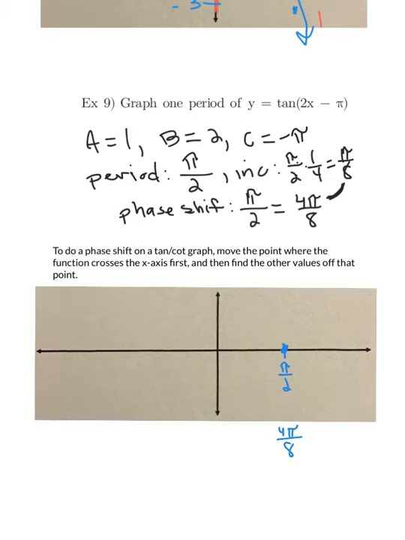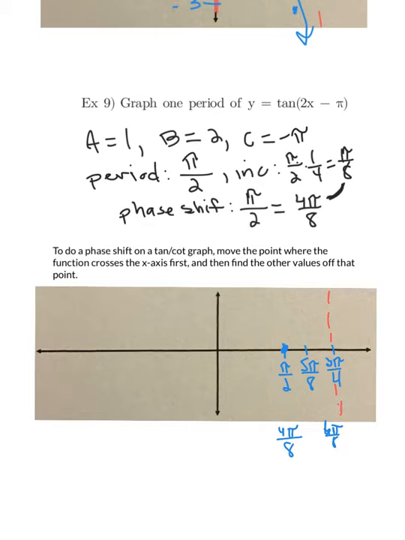So the first mark to the right, 4 pi over 8 plus pi over 8, is going to put me at 5 pi over 8. The second mark will be 6 pi over 8, which is 3 pi over 4. And the second mark over is our asymptote.